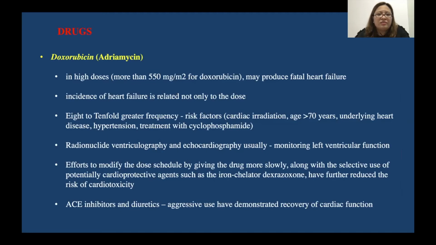In ventriculography and echocardiogram, you can use this to monitor the left ventricular function. So, to prevent doxorubicin-induced cardiomyopathy, you need to modify the dose schedule by giving the drug more slowly, along with selective use of cardioprotective agents such as the iron chelator dexrazoxane, which is reported to have further reduced the risk of cardiotoxicity.